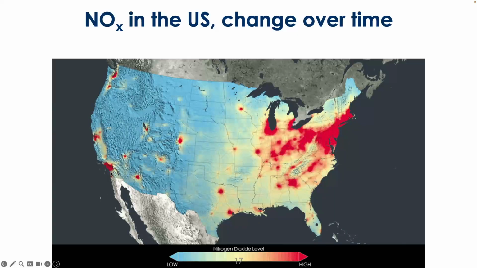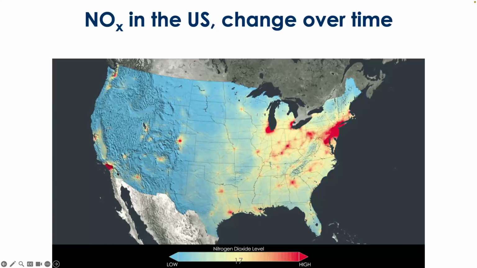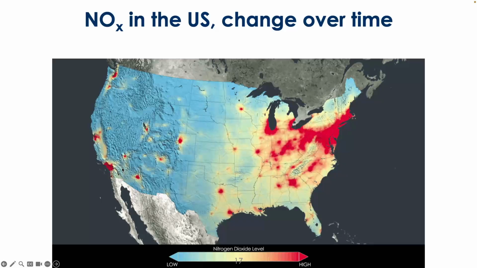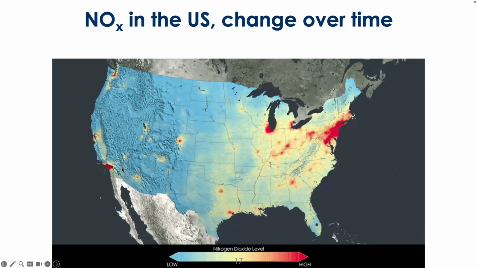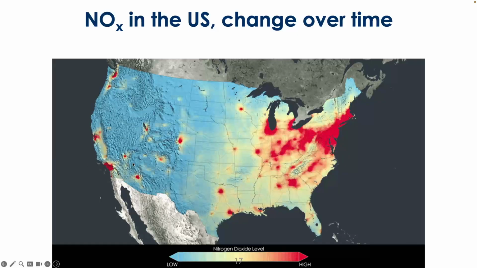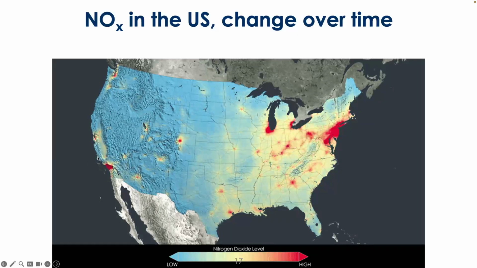You can see there's a particularly bad spot in California. This is in the Los Angeles area. There's enough heavy-duty vehicle usage that concentrations of NOx in the greater Los Angeles area have remained pretty bad over time.